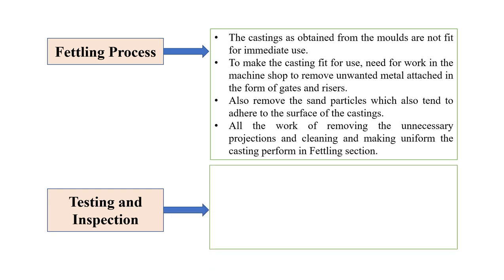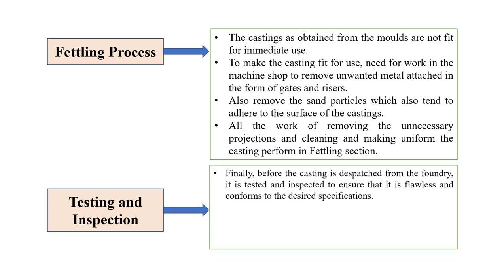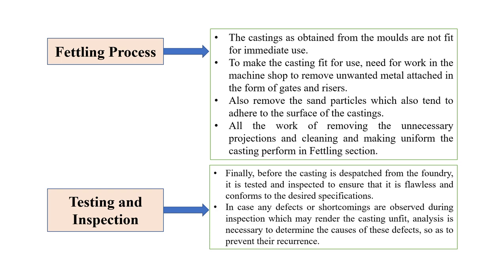Testing and inspection. Finally, before the casting is dispatched from the foundry, it is tested and inspected to ensure that it is flawless and conforms to the desired specification. In case any defects or shortcomings are observed during inspection which may render the casting unfit, analysis is necessary to determine the causes of these defects so as to prevent their reoccurrence.